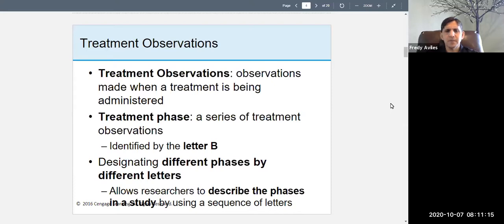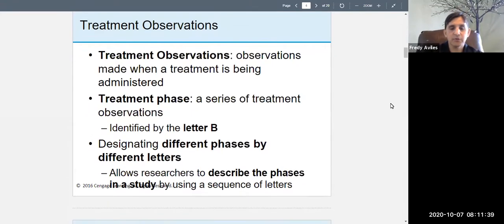So why letter B? I don't know, but probably they're just following the alphabet here. A is for baseline, B is for treatment. And designating these different phases by different letters, A, B, allows researchers to describe the phases in a study by using a sequence of letters.